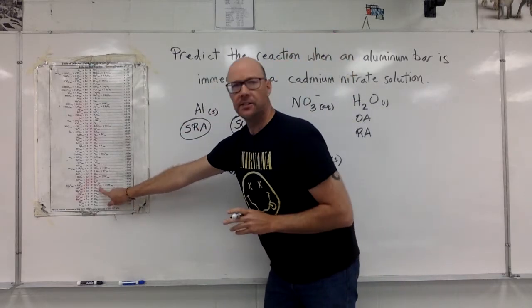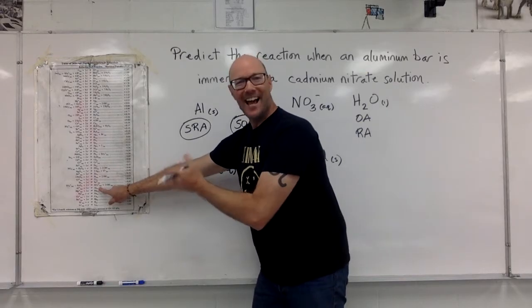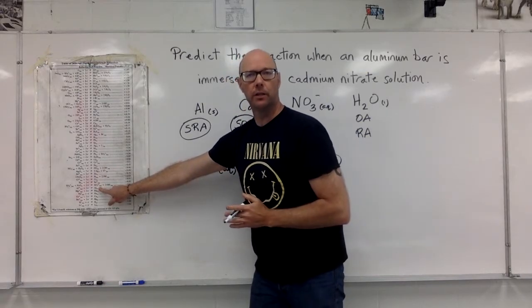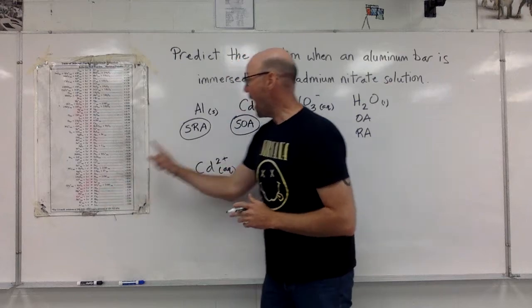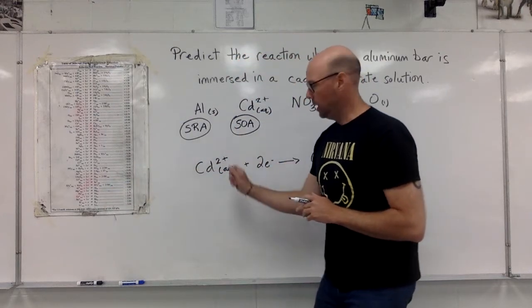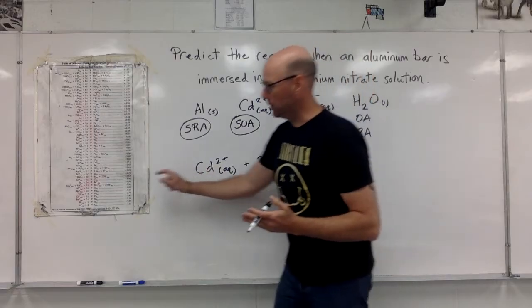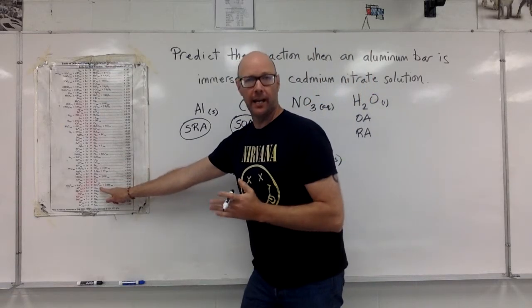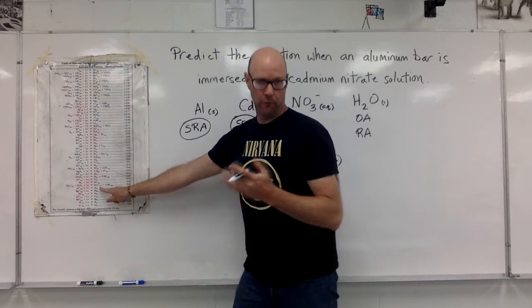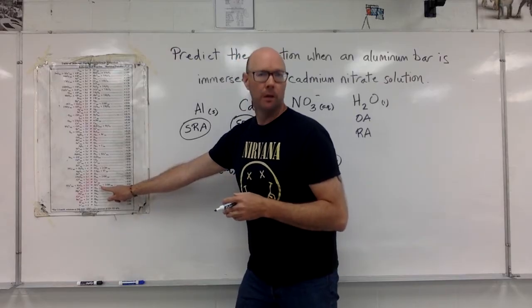Here, instead of copying the reaction exactly as it appears in the data booklet, I'm going to reverse it. I have solid aluminum, so the half reaction that I'm writing down has to start with solid aluminum. So I am reversing it and copying it down from right to left.